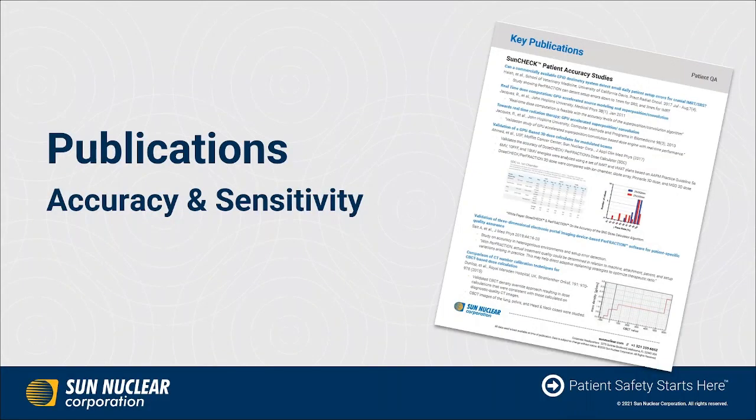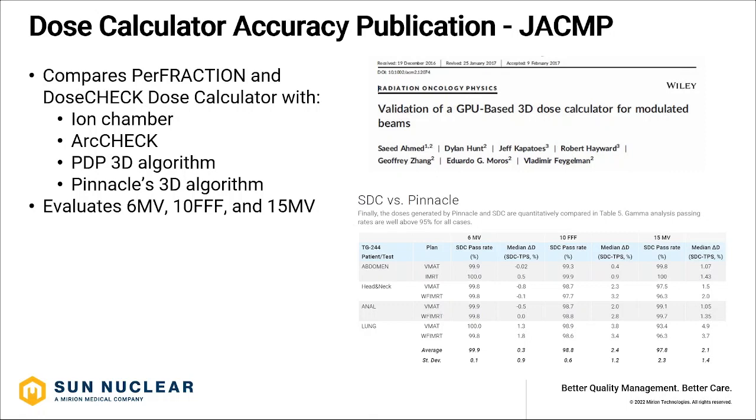So looking at a couple of publications out there on the dose calculator within SunCheck. A paper was published in 2017 by a group of clinical physicists from Moffitt Cancer Center in Florida, where they attempted to validate the accuracy of the SunNuclear dose calculator for DoseCHECK as well as per fraction.